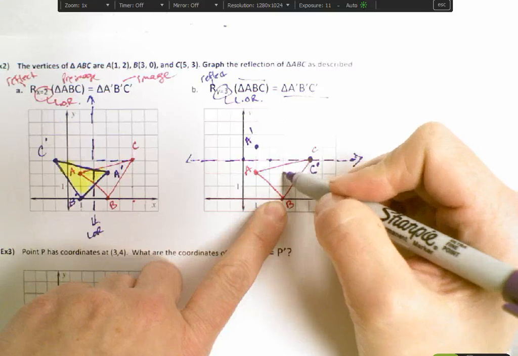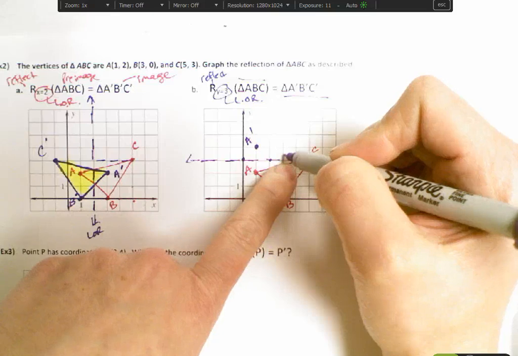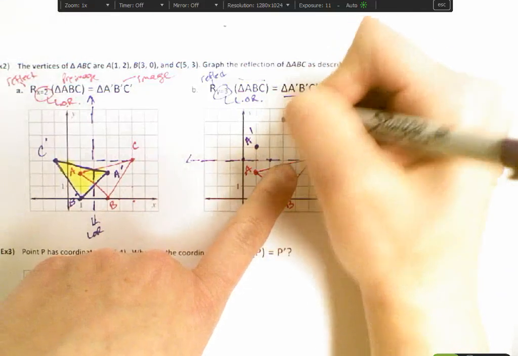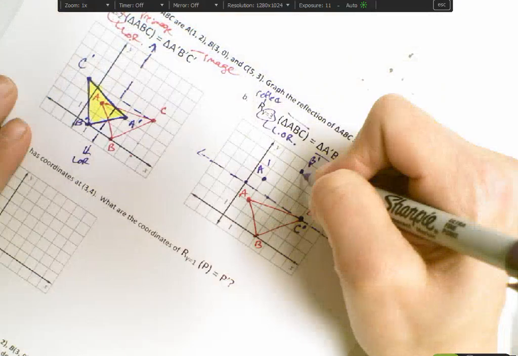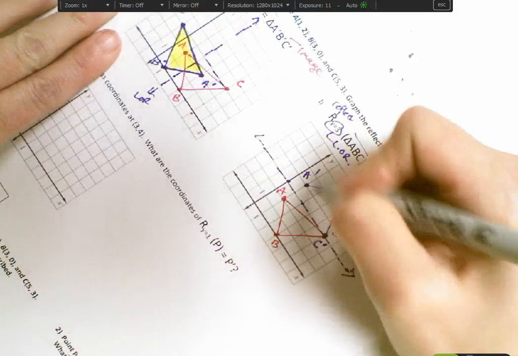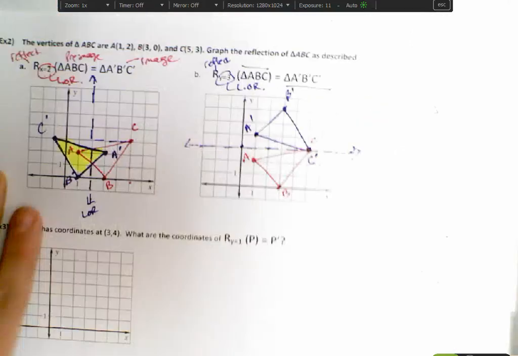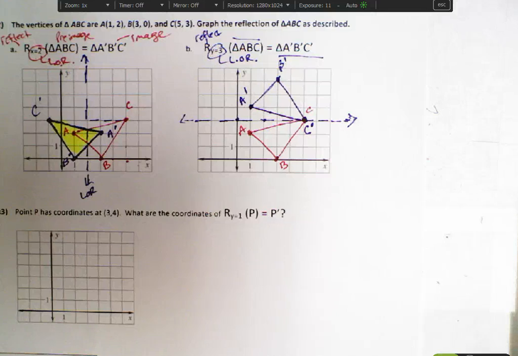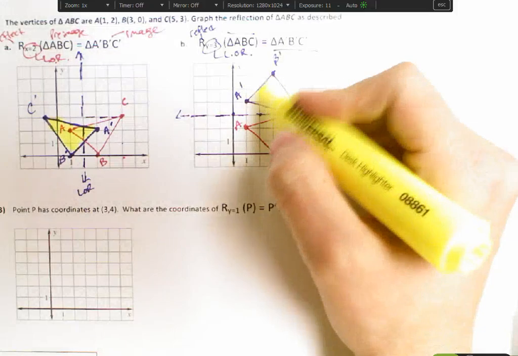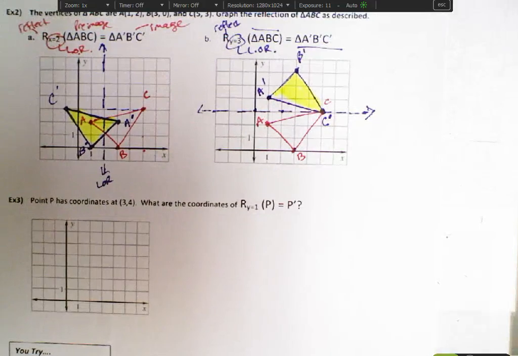B is 1, 2, 3 below the line of reflection, so it needs to be 3 above. 1, 2, 3 above the line of reflection, B prime. My reflected image over y equals 3 looks like that. So I connect the points and I shade it in as my final image.